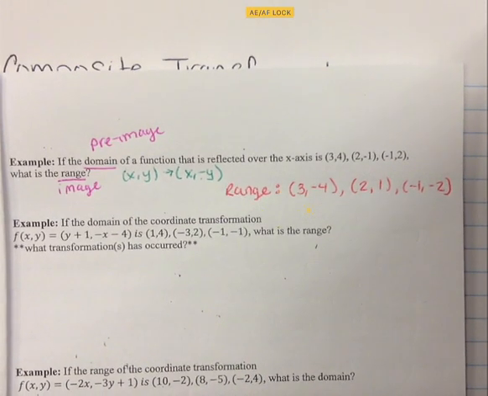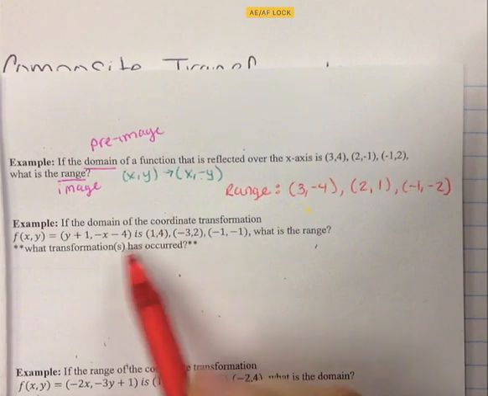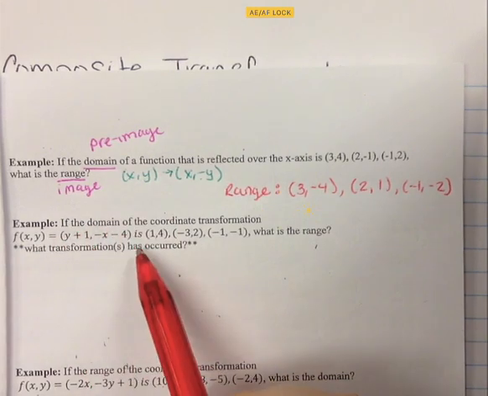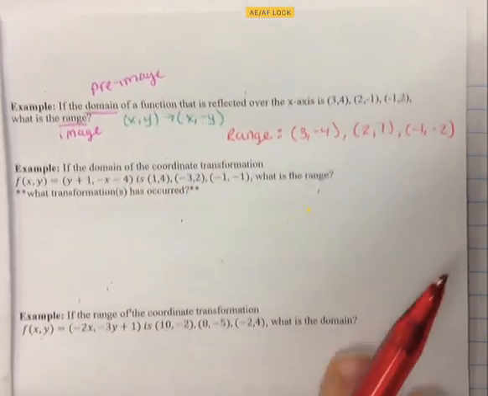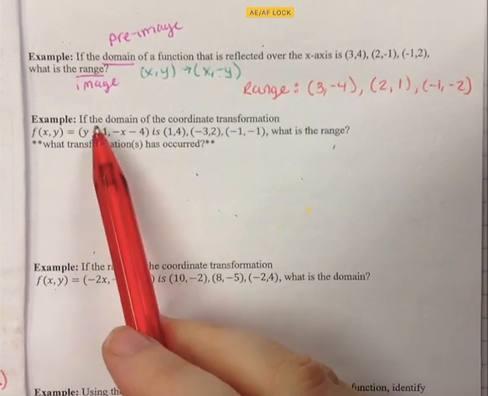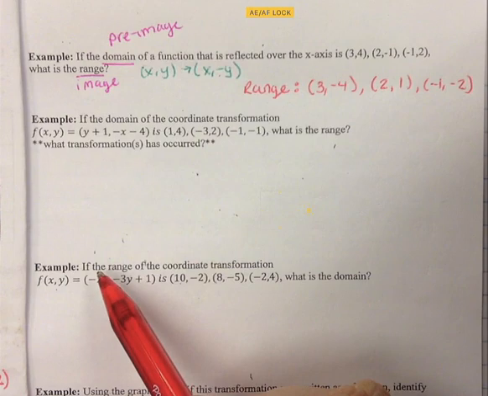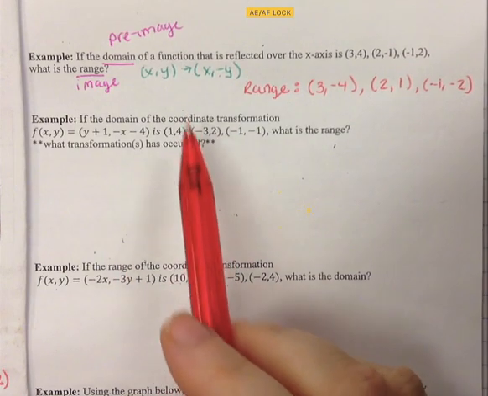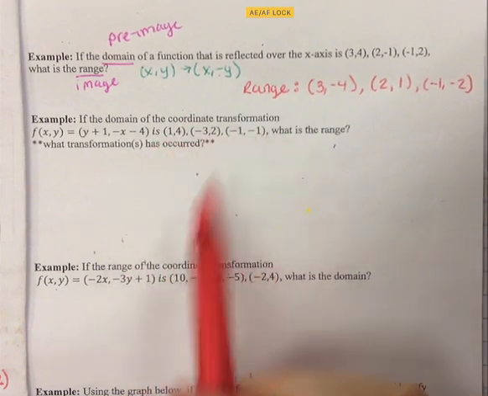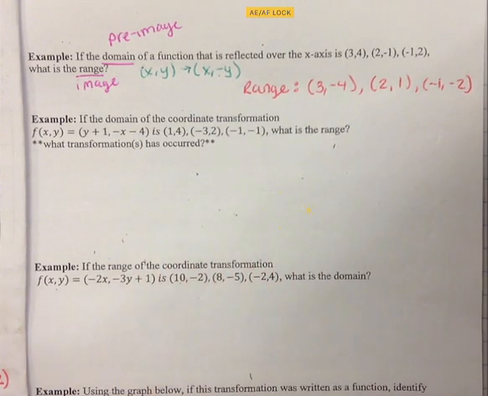The next two examples actually go back to writing a single transformation rule, and how, if you have the single transformation rule, how did you really get it? This next example says you're given the domain, and the one after says you're given the range. If you're given the domain, you do it one way. If you're given the range, you do it the exact opposite.